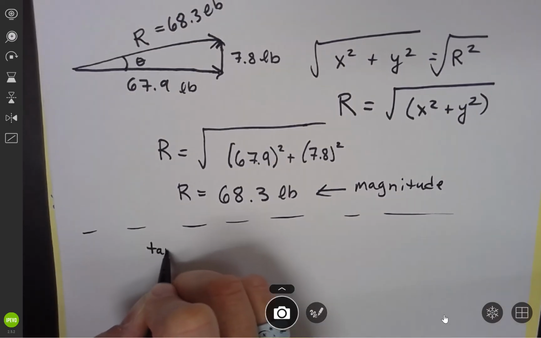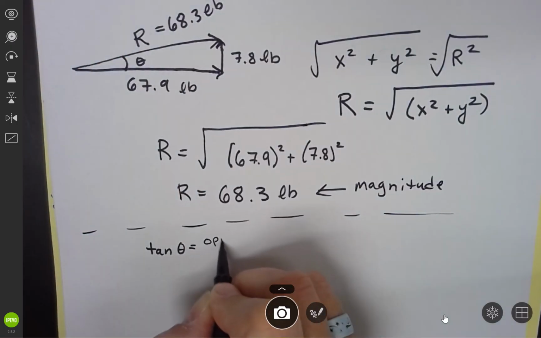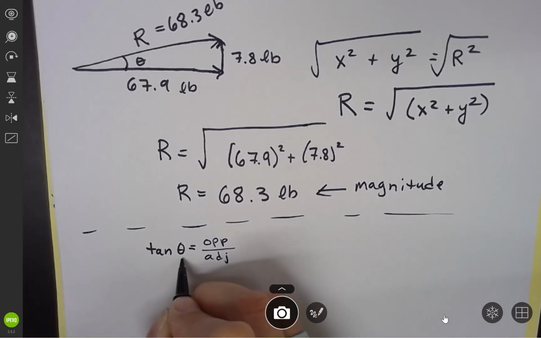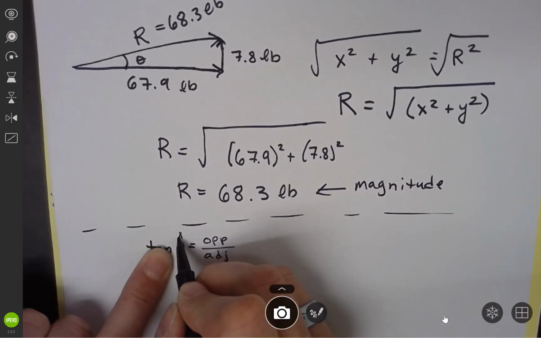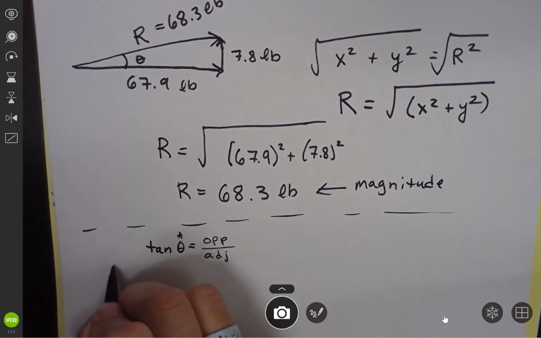Turns out the tangent of that angle is equal to its opposite over its adjacent. Or if I wanted to get the angle by itself, just like anything else in algebra, to get the variable that I'm looking for by itself, you have to do the opposite of it. So remember, if you're multiplying, you divide by it. If you're dividing, you multiply, adding, subtracting. This is just basic algebra.